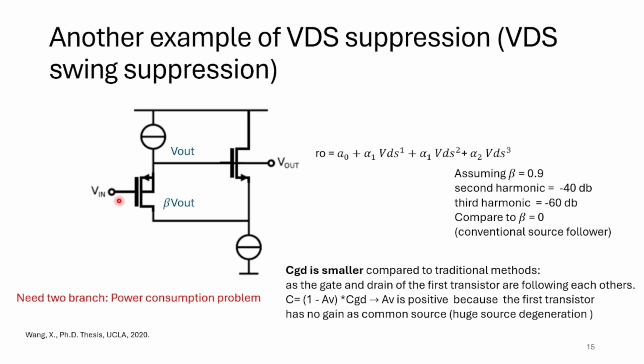You might see that this one might have a negative gain from this part to this part, but that is not correct because source degeneration exists here. But maybe at high frequency, the capacitive loading here bypasses this huge source degeneration.